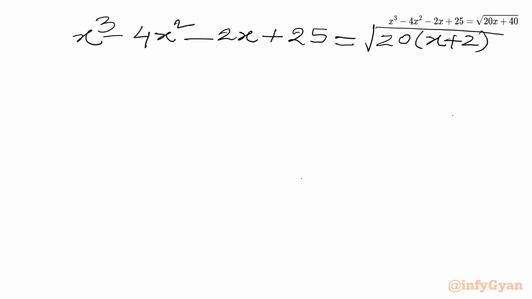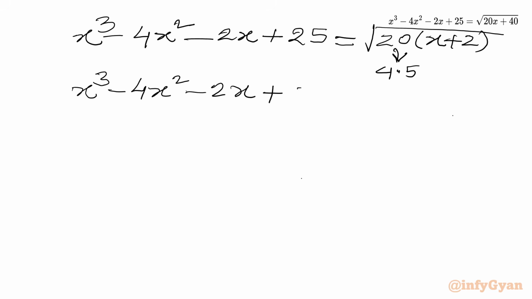Now 20 can be written as 4 times 5 and square root 4 is 2. So we can write x cube minus 4x square minus 2x plus 25 will be equal to 2 times square root of 5x plus 10. From there I will write 5 times x plus 2.